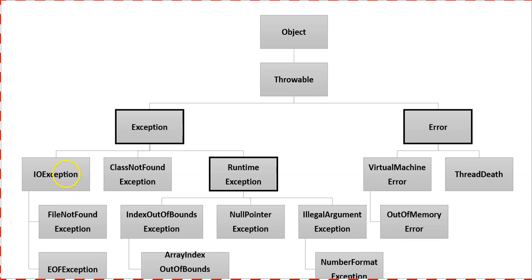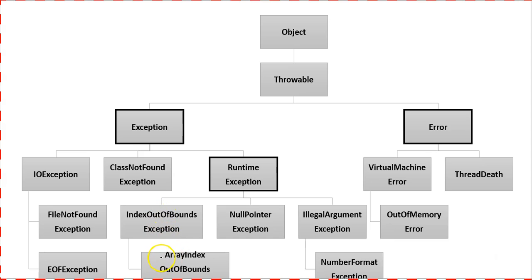Now you could have a class not found exception where at runtime a particular file that you want to use cannot be found to be instantiated. Then we have runtime exception, and those would include index out of bounds exception.